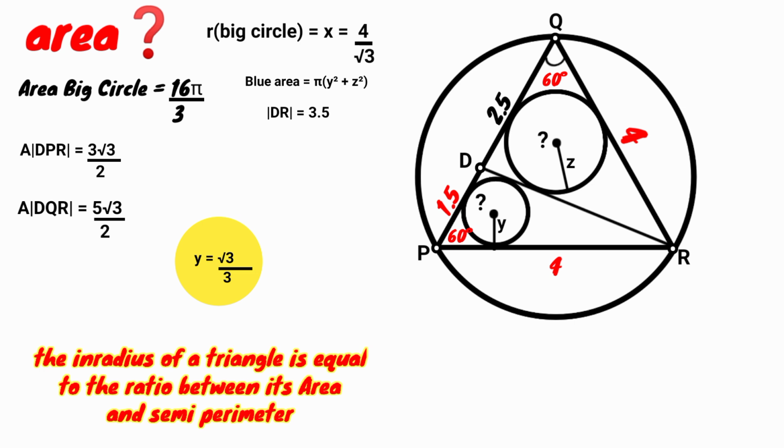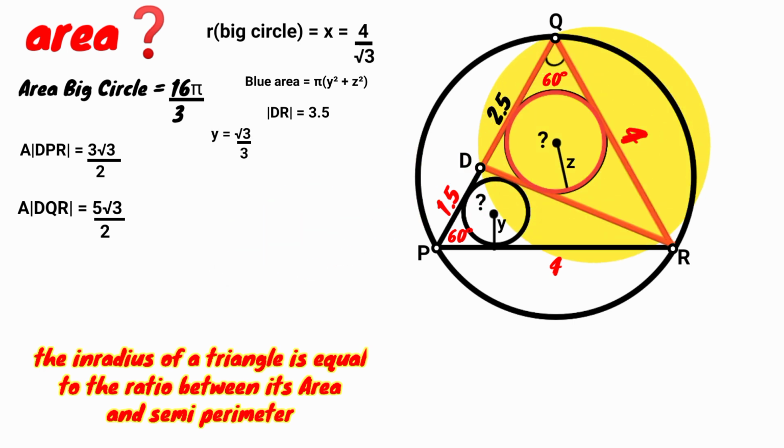If we apply the same rule to this circle, which is an incircle of this triangle, the radius, which is z, must be equal to 2 multiplied by the area of this triangle, which is here 5 root 3 over 2, divided by its perimeter, which is the summation of this 2.5, this 4, and the length of this line DR, which is 3.5.